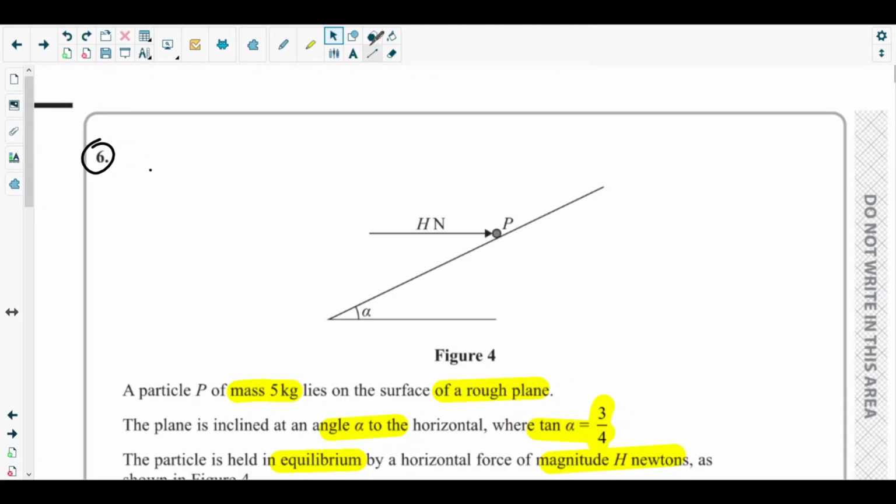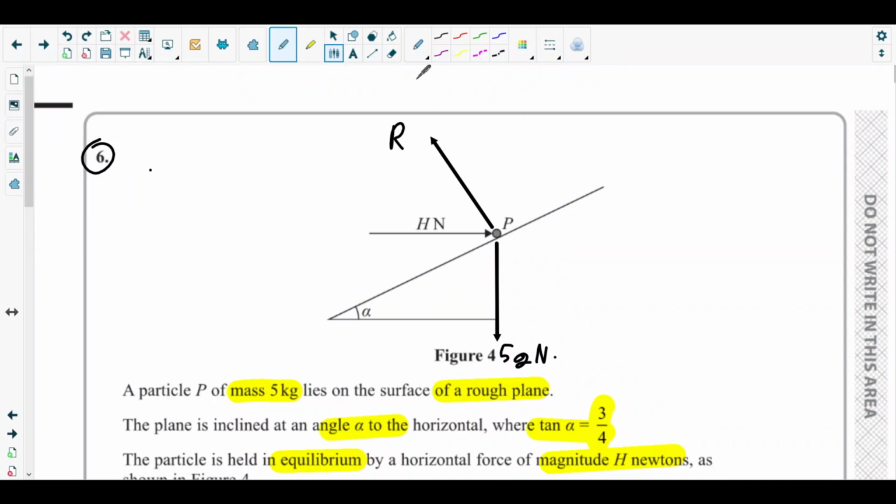So R is acting in that way. This is R. The weight of the particle P is acting that way. I'm just resolving the force components, and this is weight, this is R. Weight is how much? 5g. Okay, weight is 5g newtons.